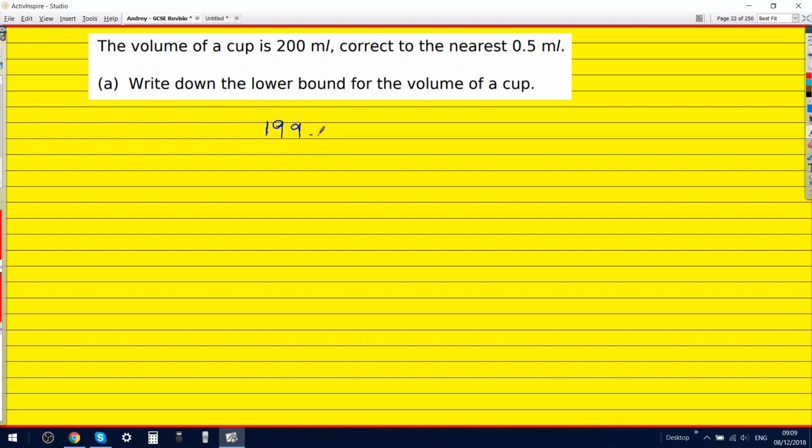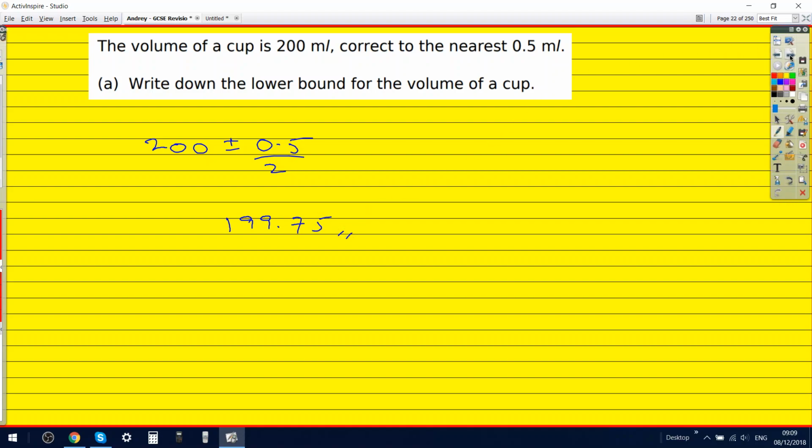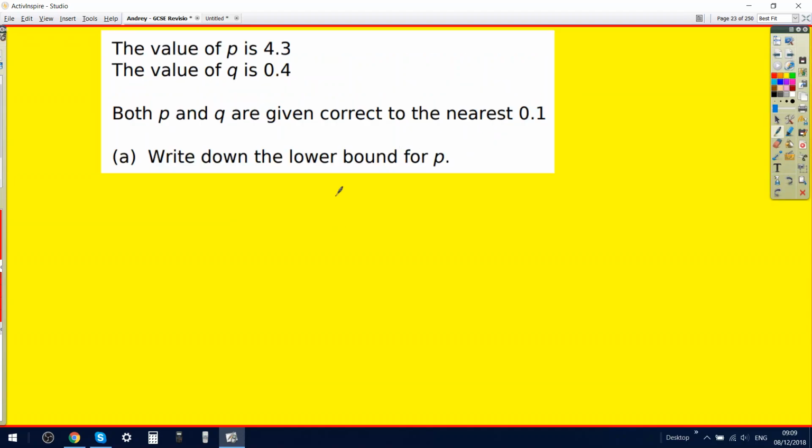That would be if it was rounded to the nearest 1. Basically, half of the degree of accuracy is above and half is below. In this case, instead of the nearest 1, it was the nearest 0.5, and it's always half of it. So would it be 199.75? Yeah, that's it. It's always plus or minus half the degree of accuracy, half above, half below.